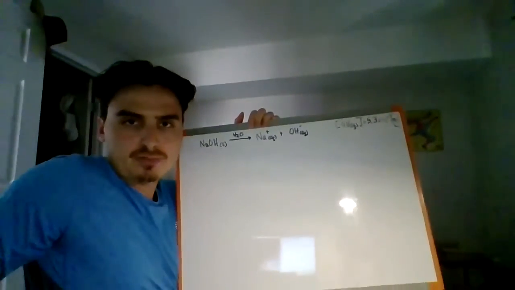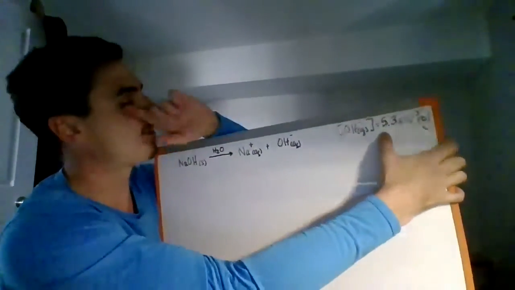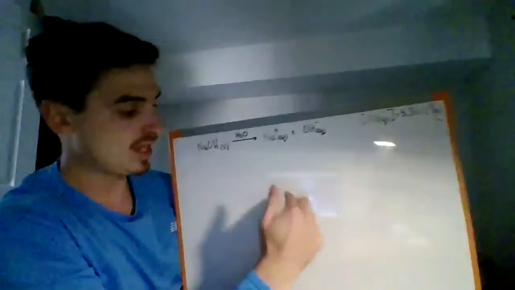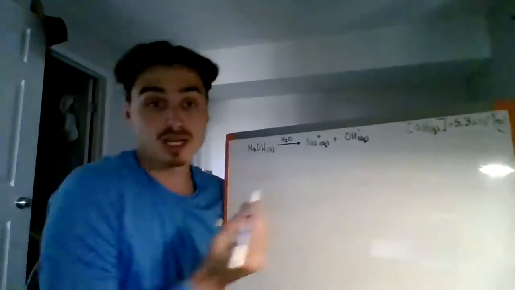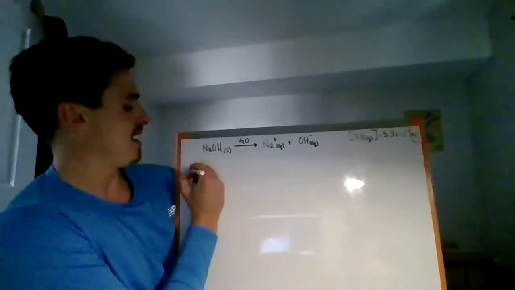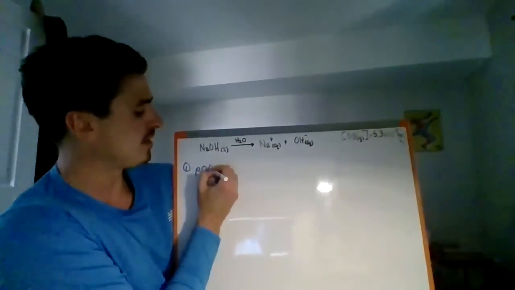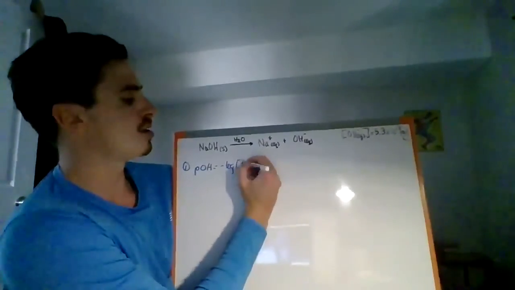Hopefully you guys were able to track that. So I got my concentration of hydroxide because I was able to get the concentration of NaOH and then ride the molar coaster. Well, I can do this a couple different ways, but if I have the concentration of OH minus, let's just go out and find the pOH with that easy calculation, negative log OH minus.